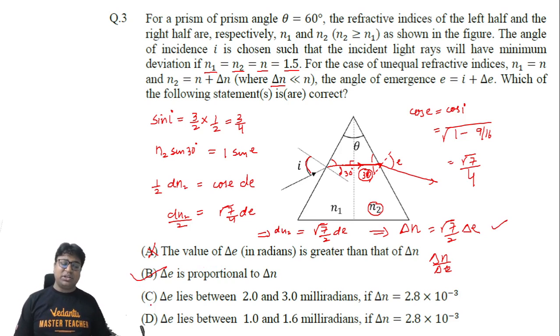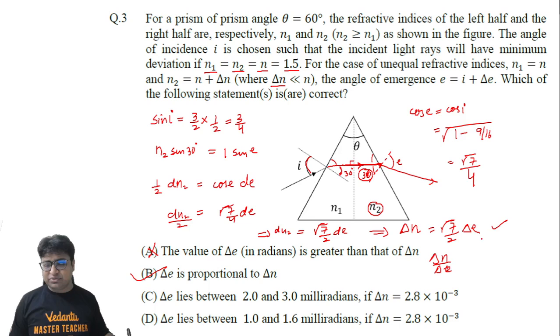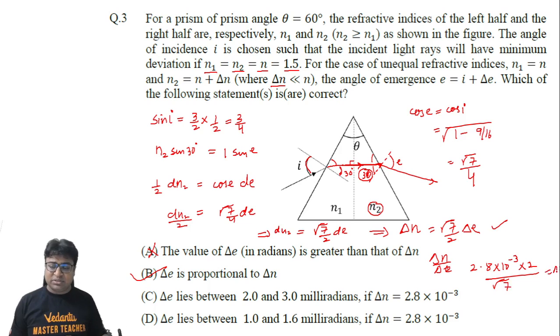C option says that delta E lies between 2 and 3 milliradians if delta N is equal to this much. So that's pretty easy to check. You can just put the value of delta N in here. So it will become 2.8 into 10 raised to power minus 3 into 2 divided by root 7 is equal to delta E. So solving this, we will get 5.6 divided by root 7.